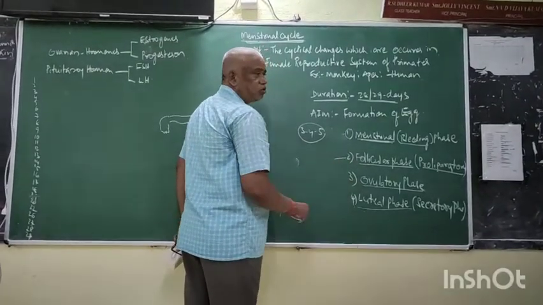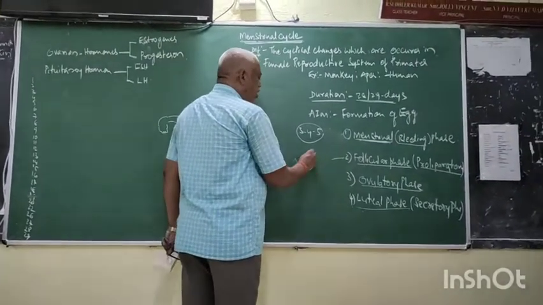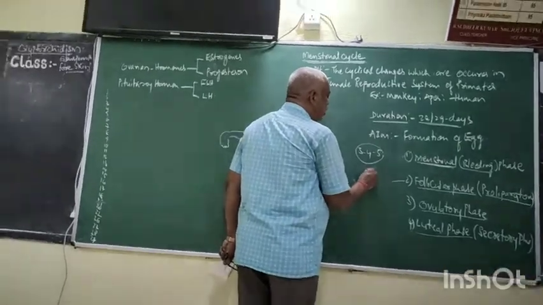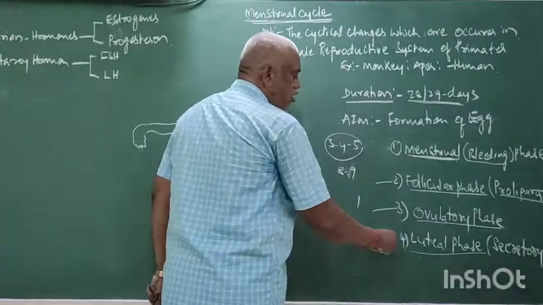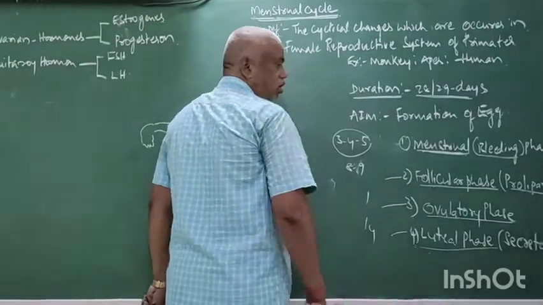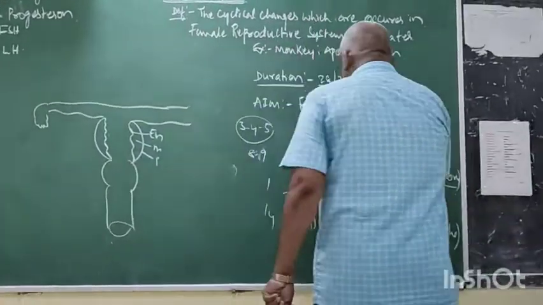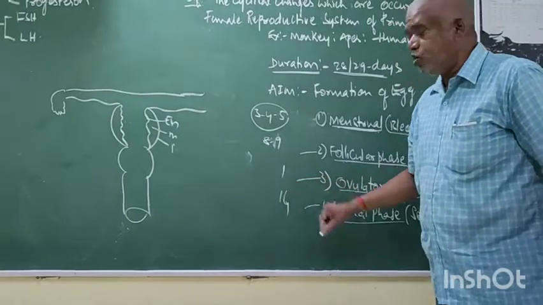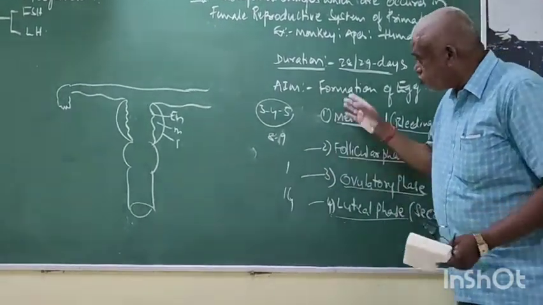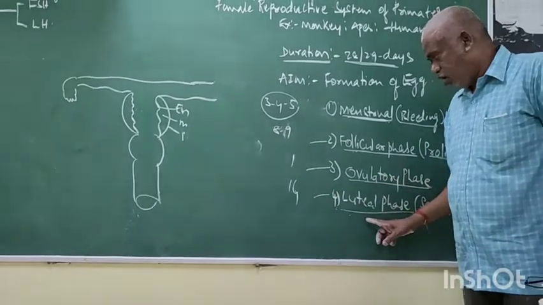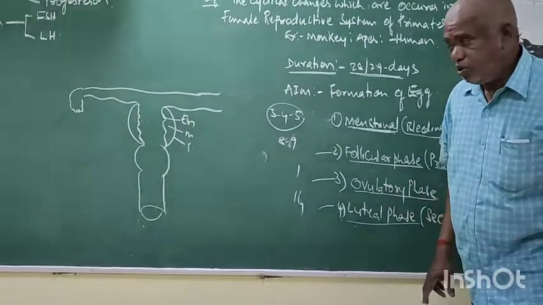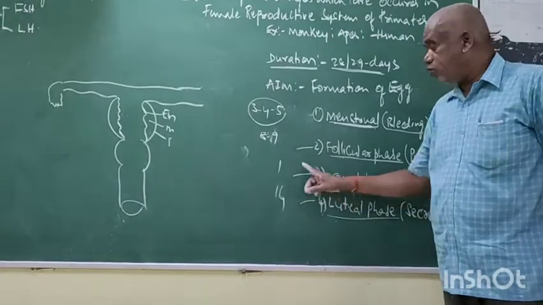The follicular phase may be 8 to 9 days. The ovulatory phase is only 1 day. The luteal phase is 14 days. Among these 4 phases, the longest duration is the luteal phase, 14 days, and the shortest is the ovulatory phase, which requires only 1 day.